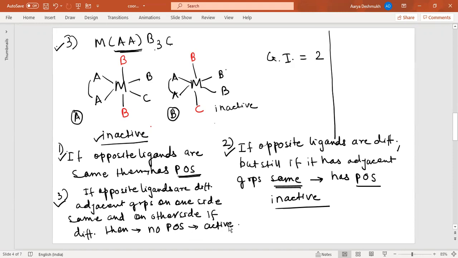Okay, so how can you go for this? We draw the structure here for this. I'm talking about this third one. I tried to keep everything on the same screen.